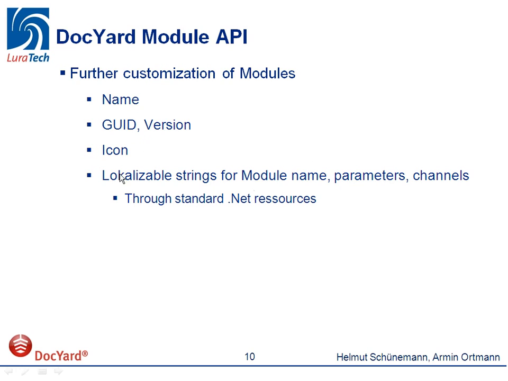And that's been localized already here, you can translate the strings that are displayed for a module in various languages. And you can use standard .NET resources to show whatever is appropriate on a given Windows system.